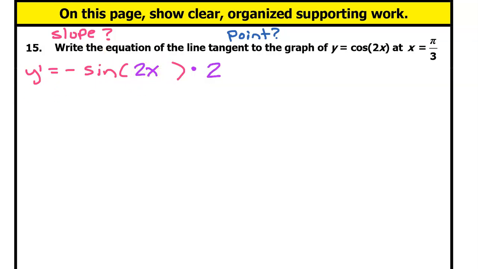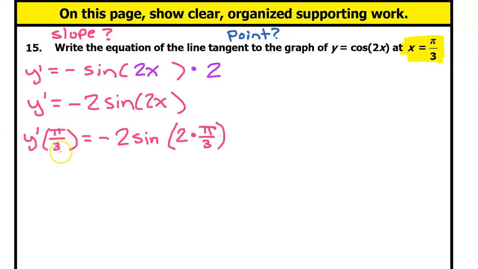So this is the derivative. I am going to rewrite it just slightly by putting the 2 in the front. So I have negative 2 sine 2x. Y prime will give me the slope at any x value, but we need the slope at this x value. So let's substitute pi over 3 for x.